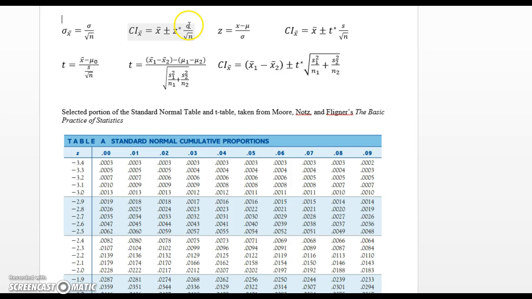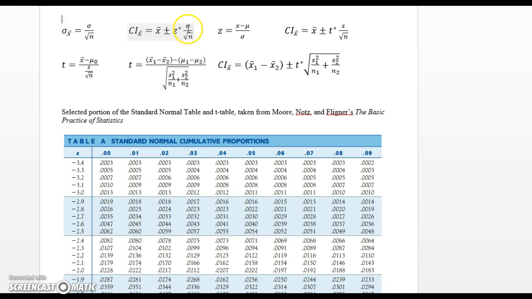Now we don't know what this is exactly, and we don't know what this is exactly, but that's fine because we do know z-star. Z-star here is 1.96, or you can use 2 as a rounded figure here. So if 2 times this quantity right here gives us 10, then this thing right here must equal 5.